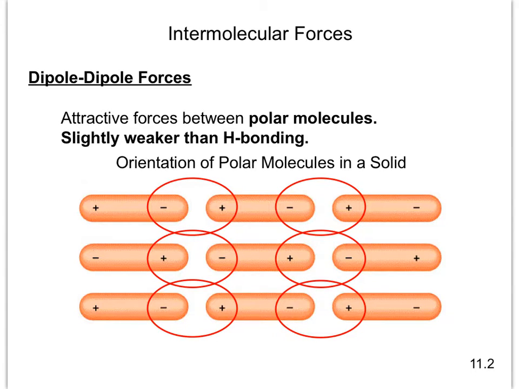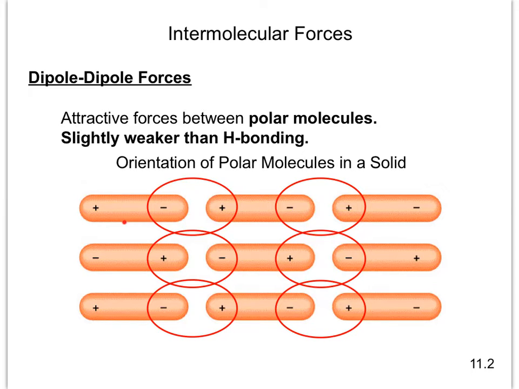Okay, so here are what are called dipole-dipole forces. You do need the word dipole twice because you have two dipoles interacting with one another. So a dipole is something with two poles, like a magnet, or in this case, a molecule that has both a positive and a negative pole.